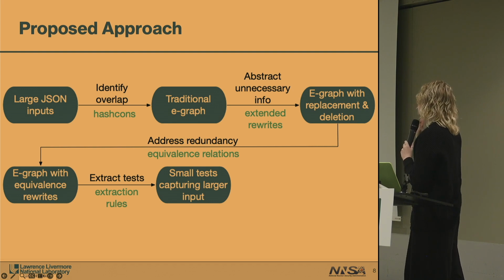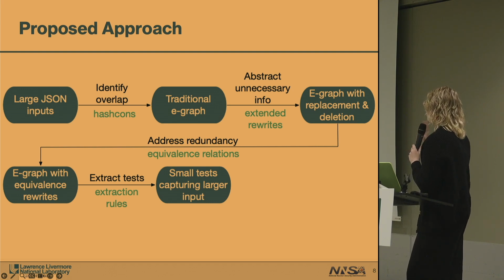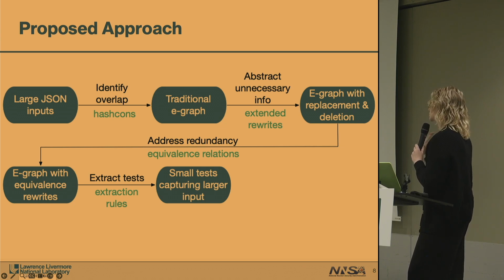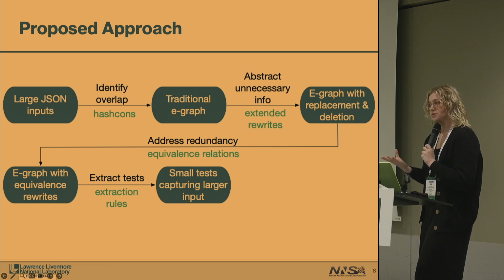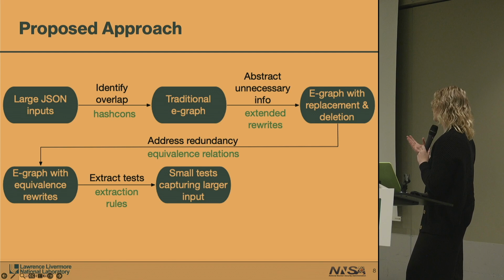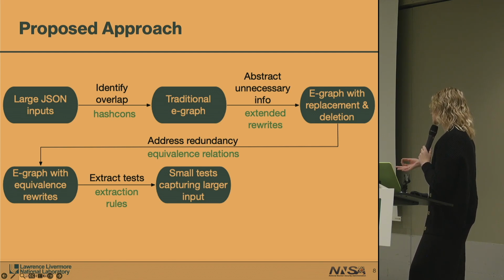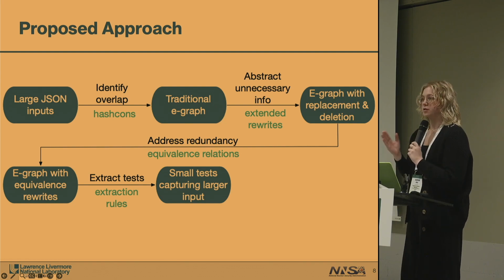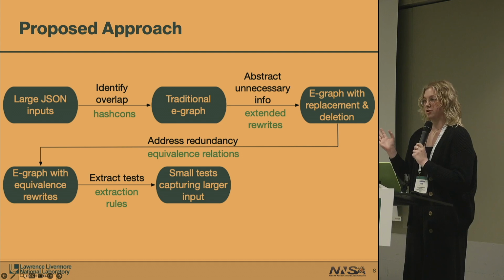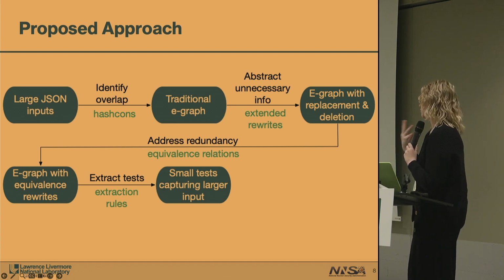And once we moved to this eGraph that allows those features, we then apply these traditional equivalence relations to address any remaining redundancy in the input. And after that, we use the extraction functionality to extract these test cases that capture the structure and the content of the larger input while minimizing redundancy.